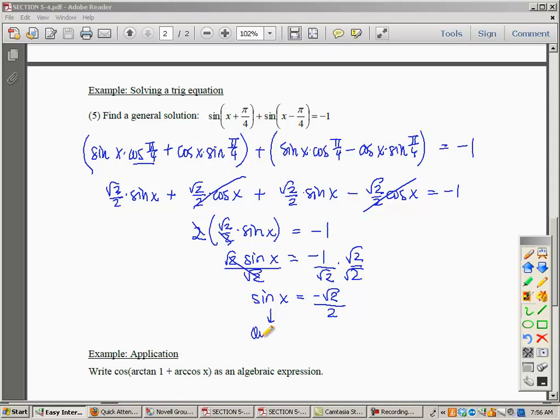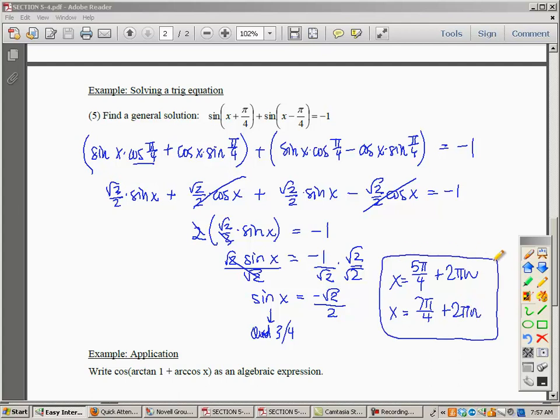Well, this is going to occur in quadrants 3 and 4. So they're 45-degree multiples because of the square root of 2 over 2. So my x has to equal 5 pi over 4. And the period of sine is 2 pi, so plus 2 pi n. And my other solution is 7 pi over 4 plus 2 pi n, because that's in the fourth quadrant.